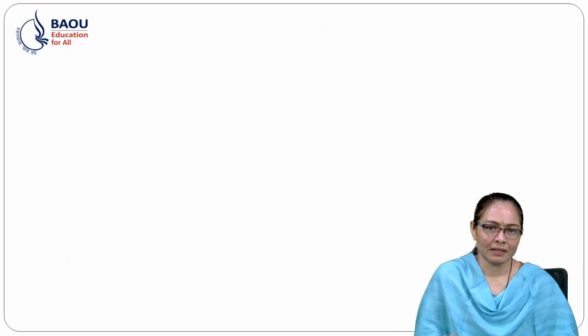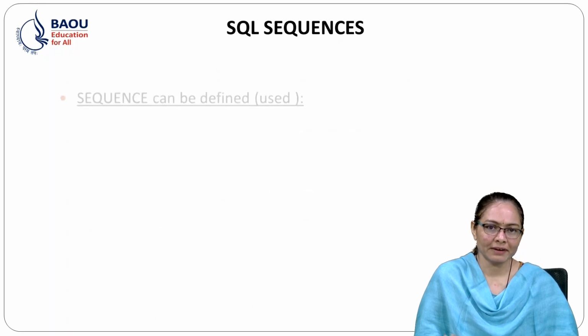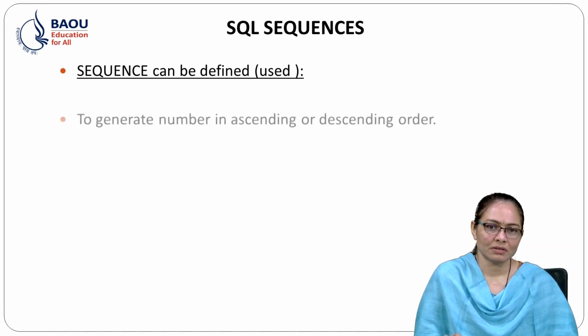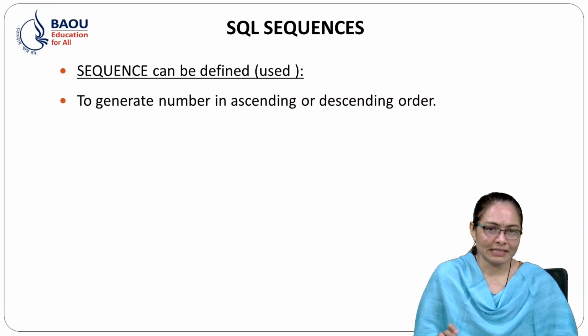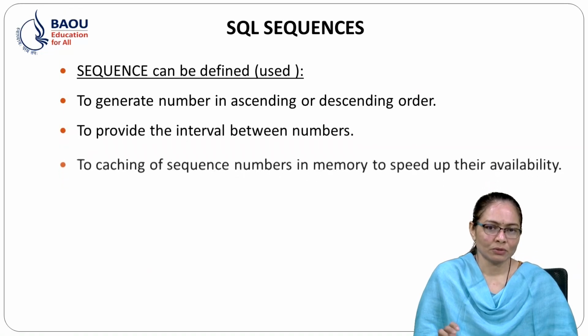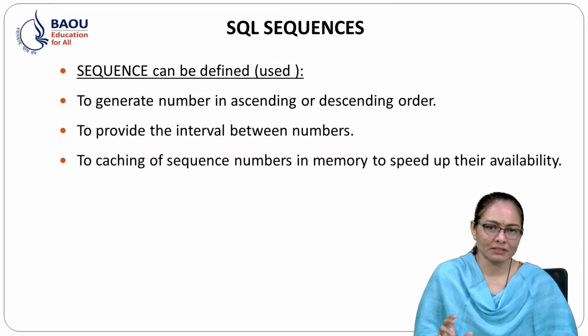See how to define the sequence. A sequence can be defined or used to generate numbers in ascending or descending order, to provide the interval between the numbers, and to cache the sequence numbers in memory to speed up their availability.